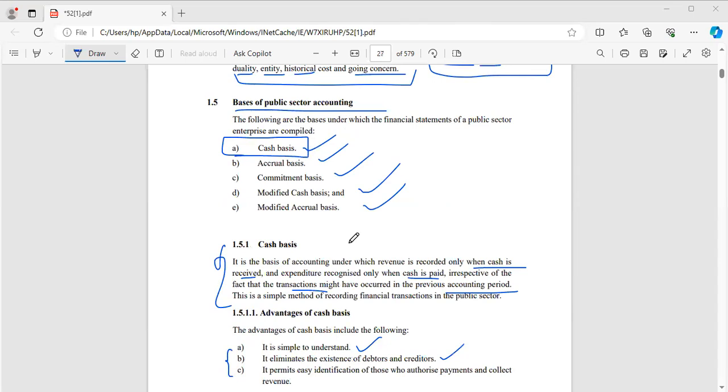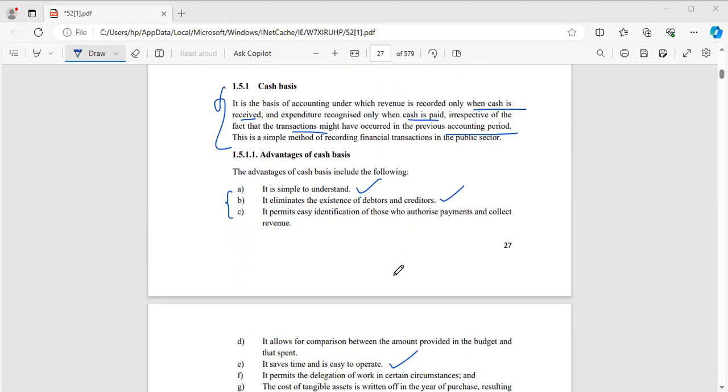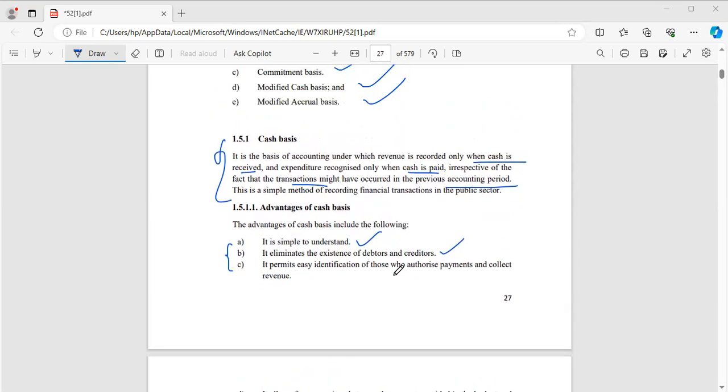Okay, so my question is about this cash basis that you follow. You said debtors and creditors are not recognized. So if creditors are not recognized, are they having a separate account where they actually keep them, even though in their main account it is not being recognized?